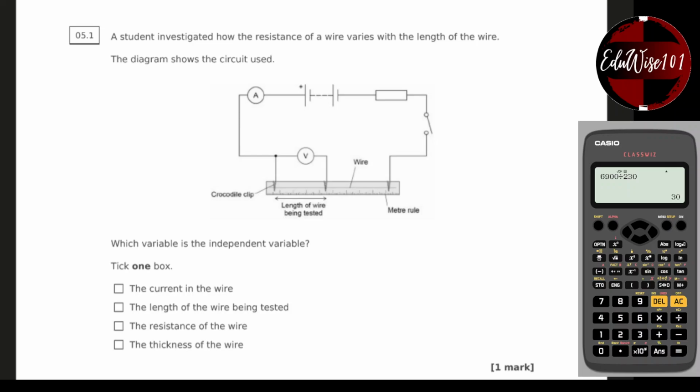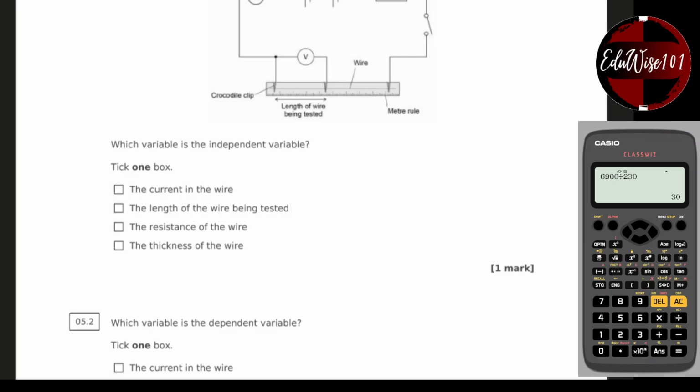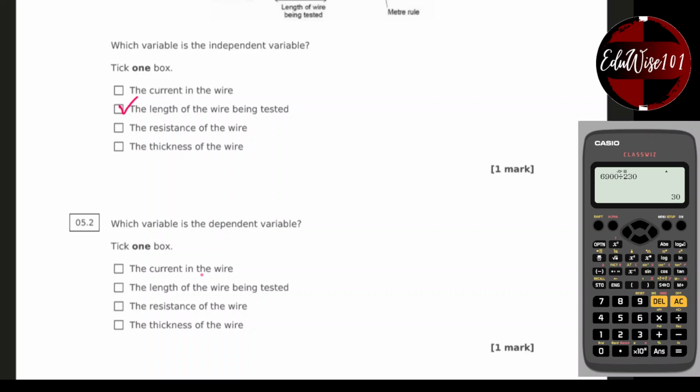A student investigated how the resistance of a wire varies with the length of the wire. The diagram shows the circuit used. Which variable is the independent variable? That's what you're actually changing. That would be the length of the wire being tested. The dependent variable is what you're investigating, the resistance of the wire.